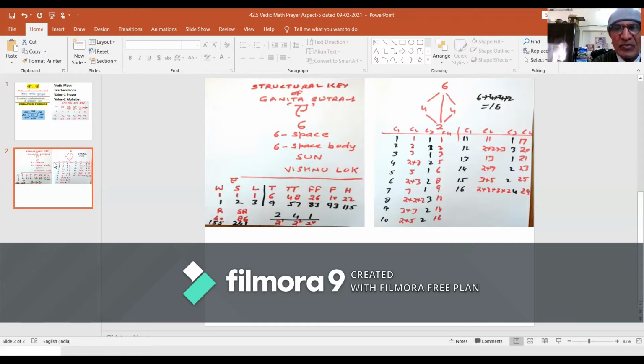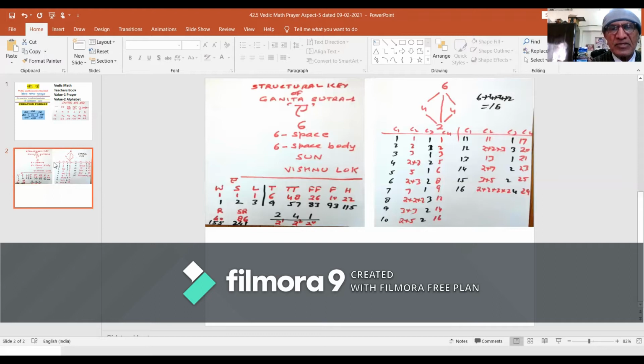This value 6 being placement value, it gets associated with the vowel itself, the letter, the sixth vowel. That way takes us from letters alphabet to the numbers alphabet.